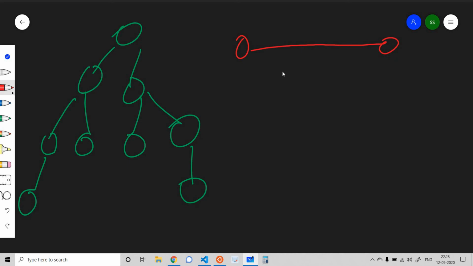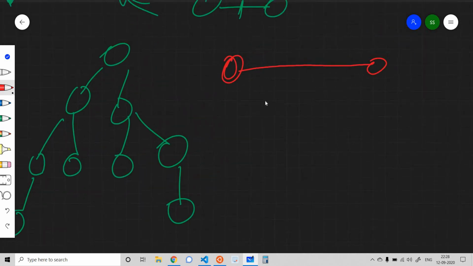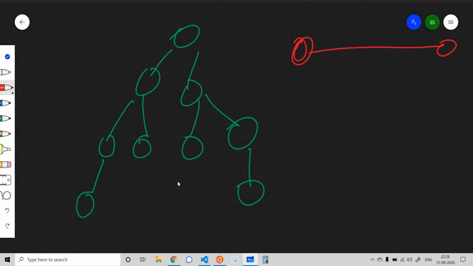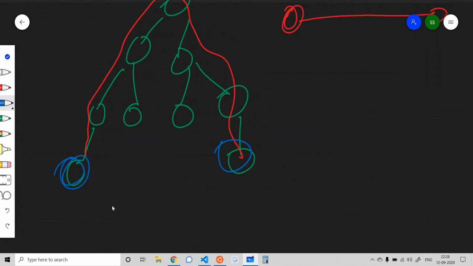So we would be picking the endpoints of our diameter present in our tree, and we will try to pull those two nodes in the opposite direction. So in this case our diameter would be this. So we would be picking this node and this node. We will try to stretch it.